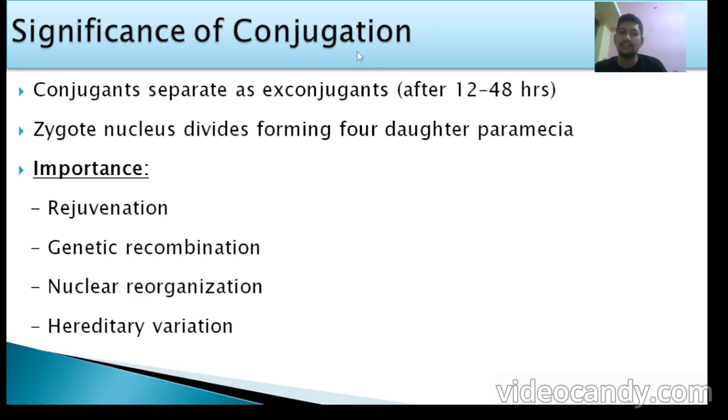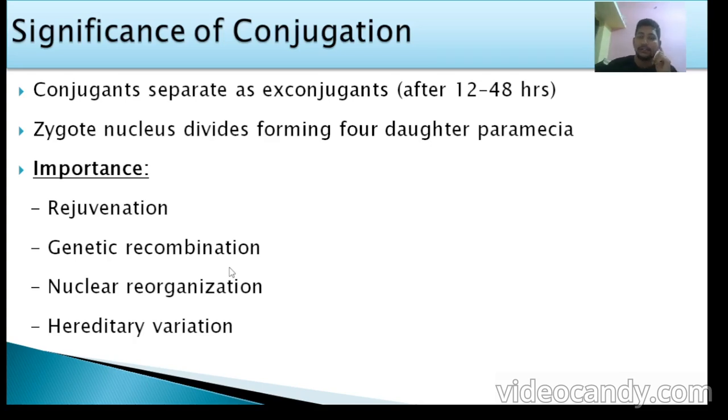And what is the significance of conjugation? If you ask me, it is important for these 4 processes: rejuvenation, genetic recombination, nuclear reorganization and hereditary variation. This exchange of nuclei is very important. It brings about new changes called variation, and we know that variation leads to evolution.